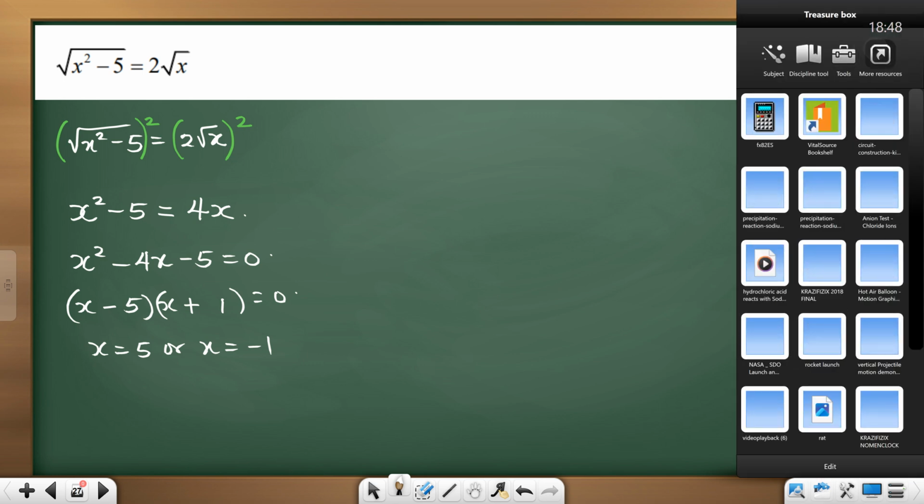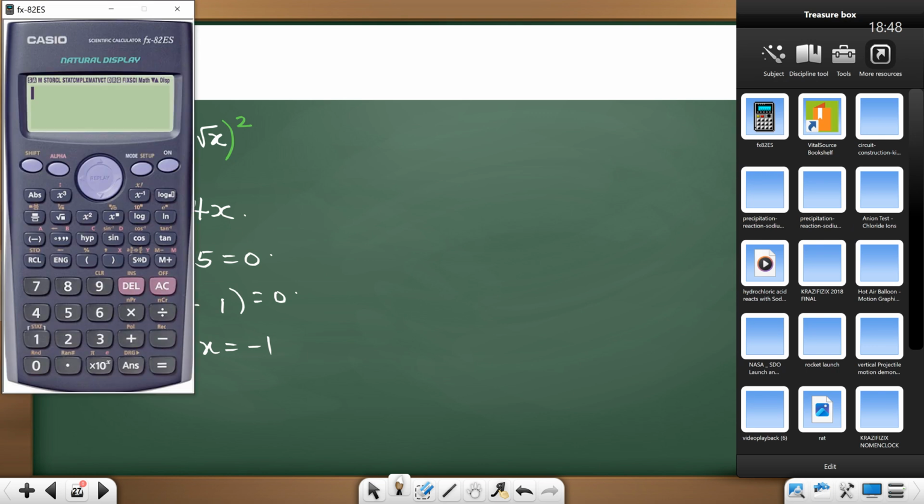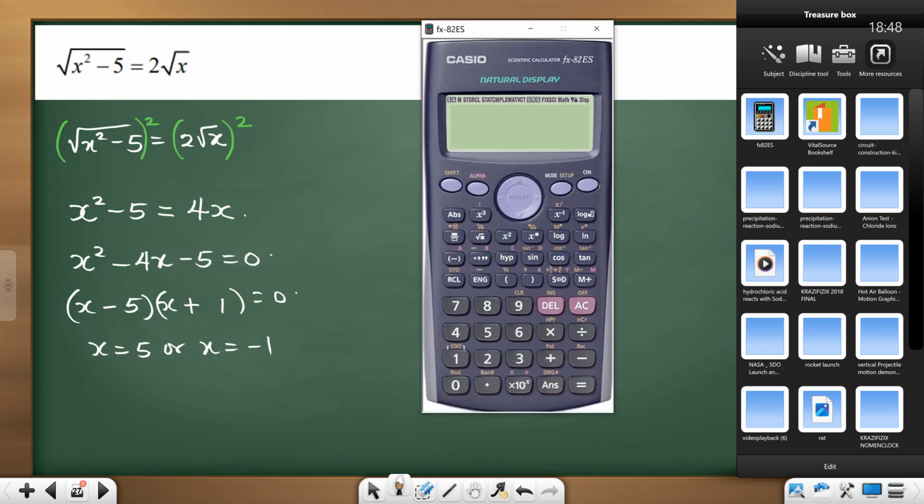But let's see. Oh, guys, I thought we were going to finish today, but that means there's going to be a part 3. 5 times 5 is 25 minus 5. Do you see when I put the 5 on the left-hand side, it's giving me 2 root 5. And it makes sense because x is 5. On the right-hand side, 2 root x. What is x? 5. So that one works.